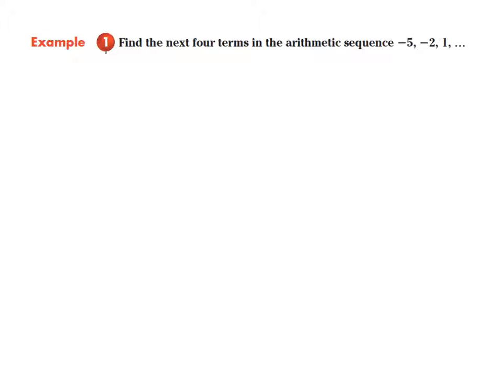So in example 1, it says find the next 4 terms in the arithmetic sequence. That is our hint right there, that it's arithmetic, meaning that you're adding the value. So what is the same value that we're adding between each of these? Right, 3.